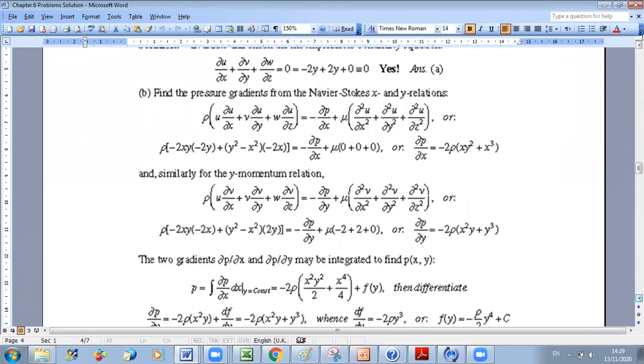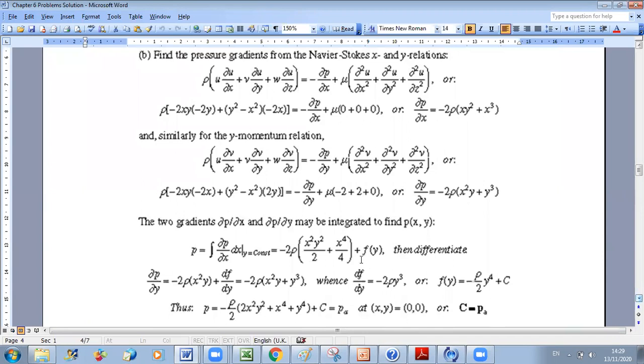Okay, and then by doing fy, we got that fy is, as expected, minus y to the power 4 over 2. But here, we have rho. Yes, look, what we have missed here, we have rho outside. Don't forget to multiply by rho. So it's rho times u del v by del y, etc. This is why we have rho in the expression.